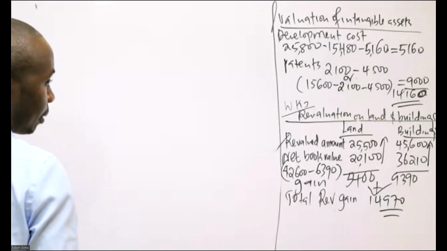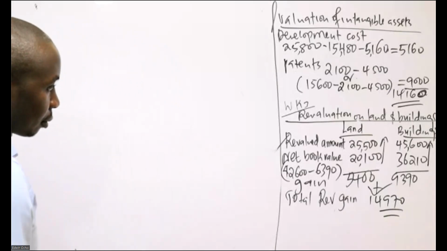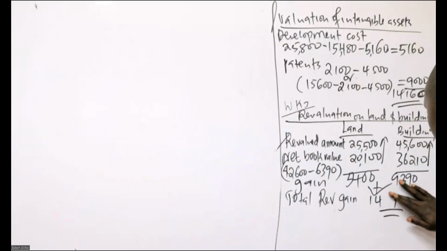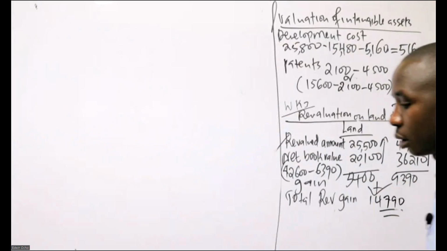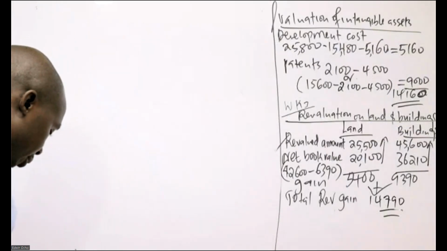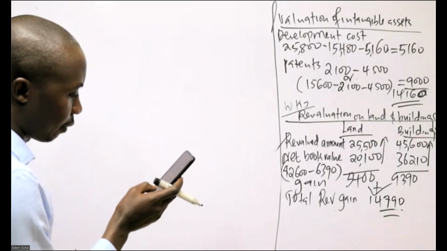It's 14,790, not 14,970. All right. Then the next is additional information number 4.